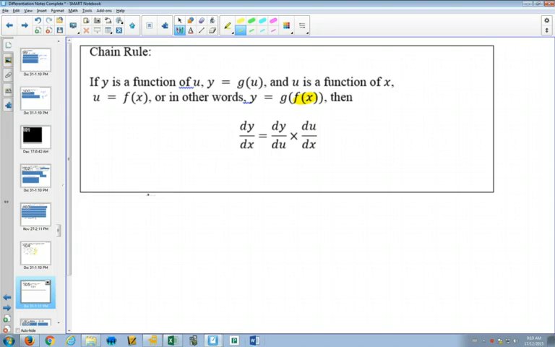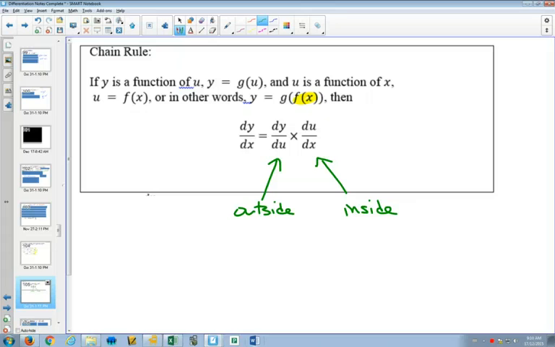So this first derivative is the derivative of our outside function, and then we multiply by the derivative of our inside function. We're going to see this when we do more examples, it'll become clear.